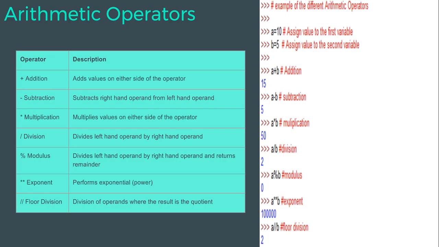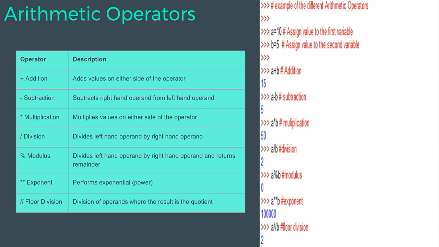The same way the modulus operator, a modulus b means 10 modulus 5. Here the answer will be 0 because it has no remainder, because 10 is totally divided by 5. Now the exponent operator, a exponent b means here 10 raised to the power of 5.